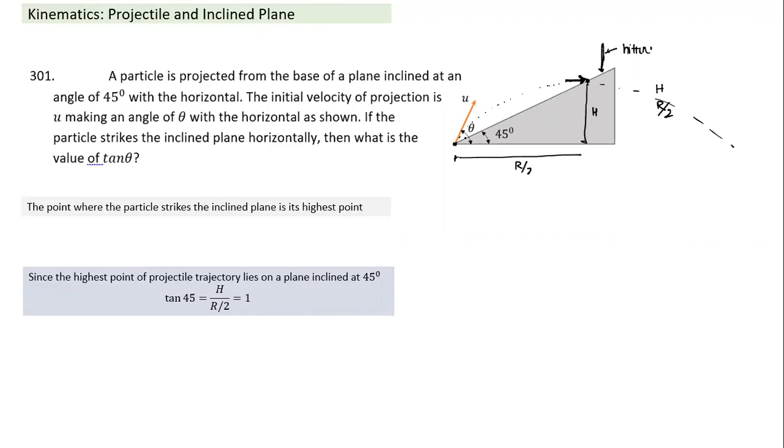Since it lies on the inclined plane, tangent of 45 is equal to h by r by 2, which is equal to 1. If I substitute the h value, h is uy square by 2g, and r is 2 ux uy by g. If you substitute, we can easily find the value of theta.